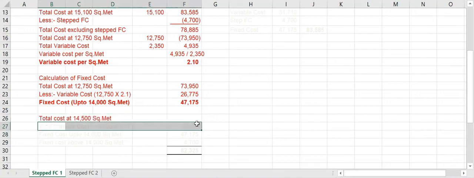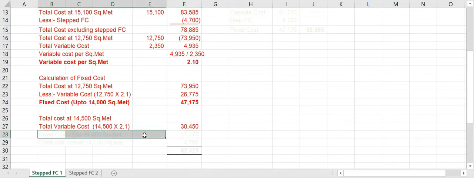Now you are supposed to calculate the total cost at 14,500. Simply calculate the variable cost first: 2.1 per square meter times 14,500, which is 30,450, and add the fixed cost up to 14,000 square meters, 47,175.